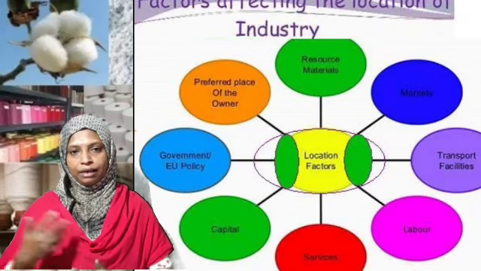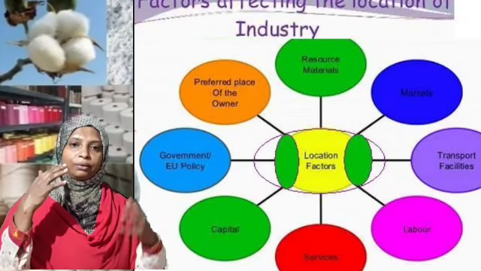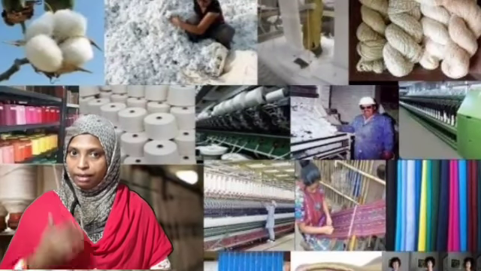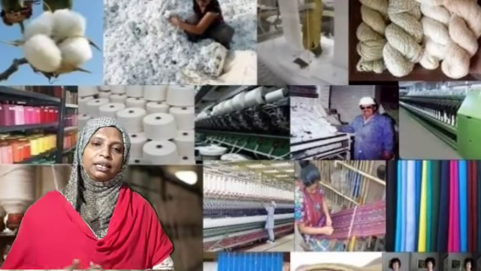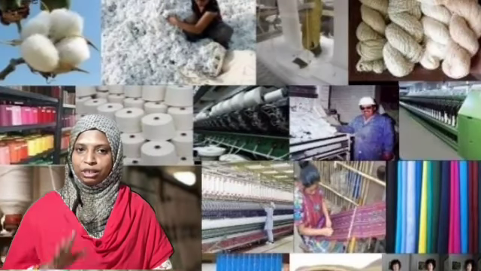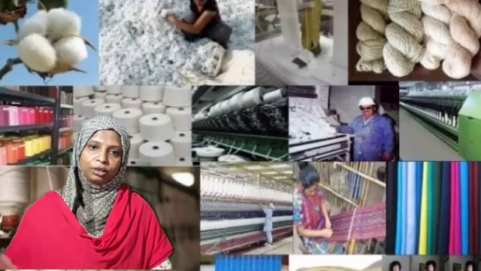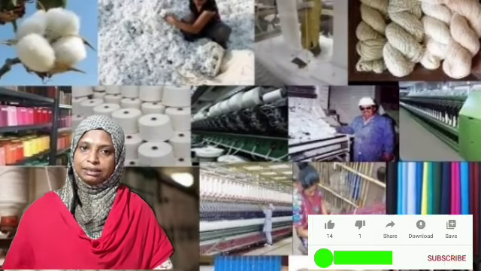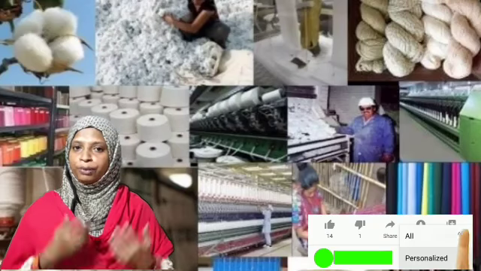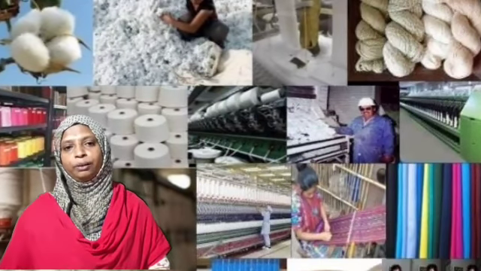But after some years, when science and technology developed and new machineries started to be imported into India according to demand, cotton textile industries started to spread across India without regard to the availability of these factors, because it is possible to transport easily from one place to another by road, air, or water.